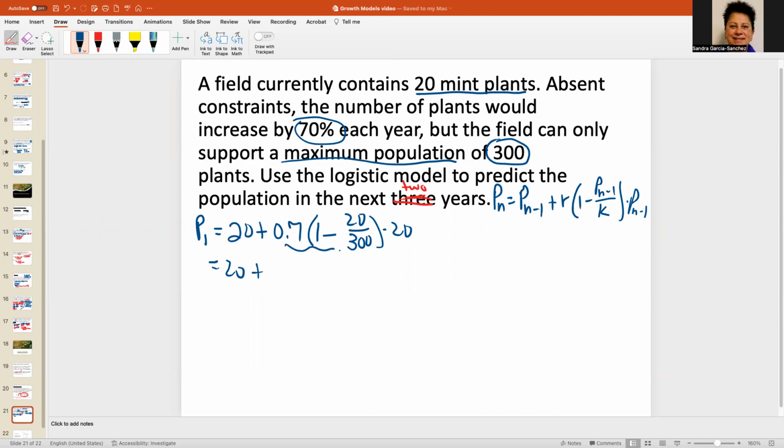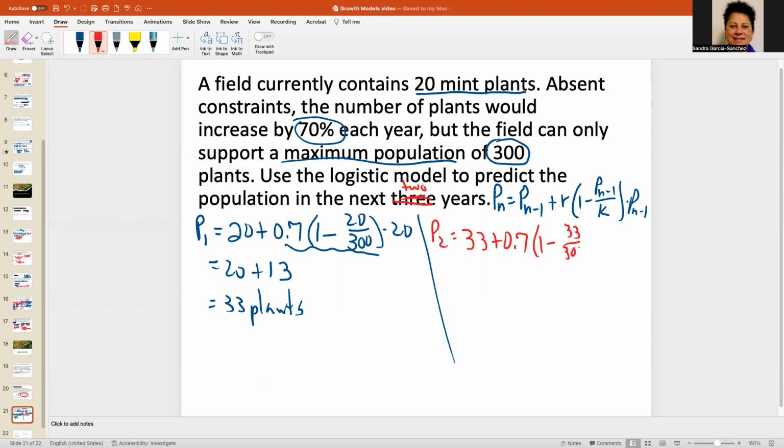When I solve this part, notice that I did not add 20 plus 0.7. When I solved that part, it gave me 13, so I have 33 plants. It was 12 point something, I believe. So now to get P sub 2, I'm going to have P sub 1, which is 33, plus 0.7 times 1 minus 33 divided by 300 times 33.